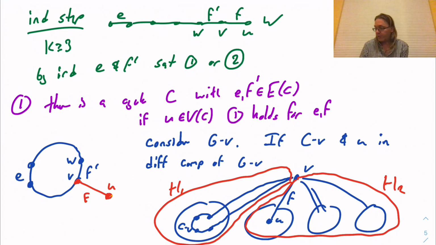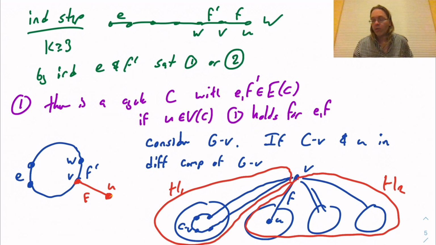Again, if C delete V and the vertex U are in different components of the graph G delete V, then I'll take the connected component of G delete V containing C delete V, containing all the rest of that cycle, and I'll add to that the vertex V and all edges between that connected component and V. And that's going to be my left-hand graph H1.